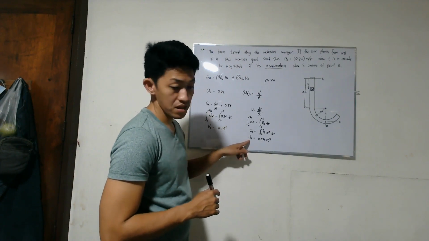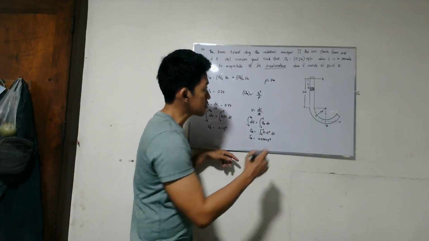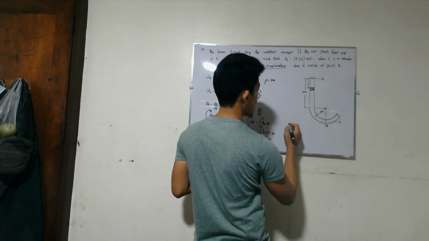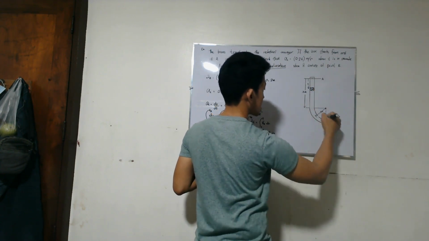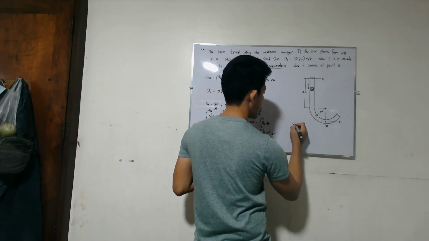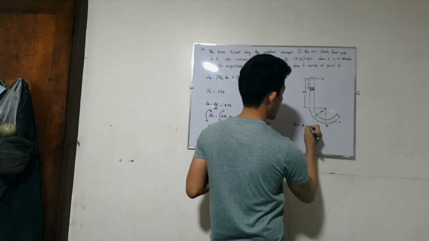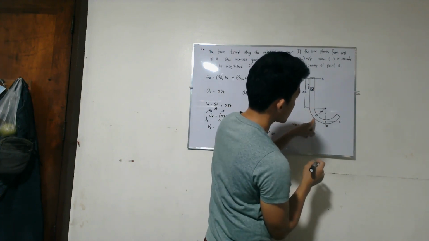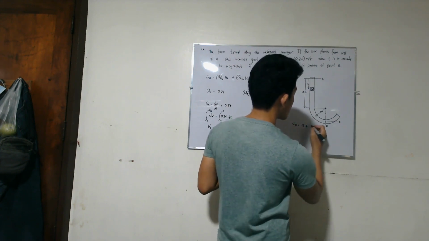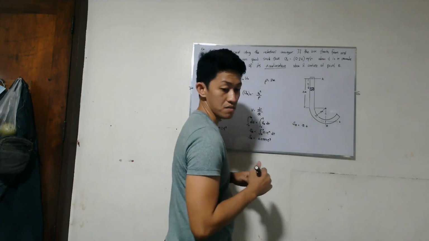Okay, but we know kaning s sub B. Kaning s sub B is kaning length. No? S sub B is just 3 meters plus a quarter of a circle circumference, no?